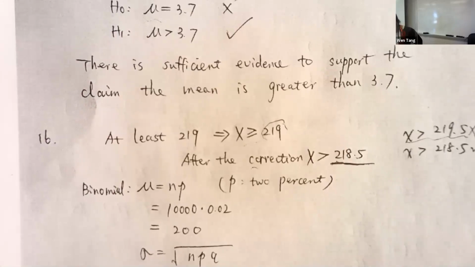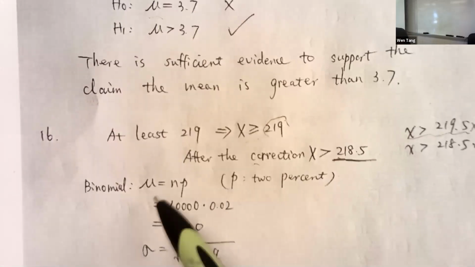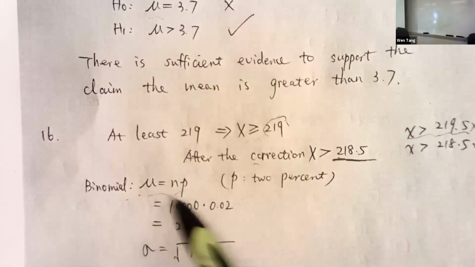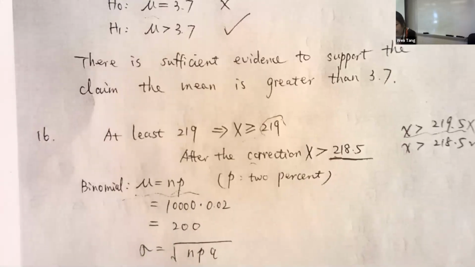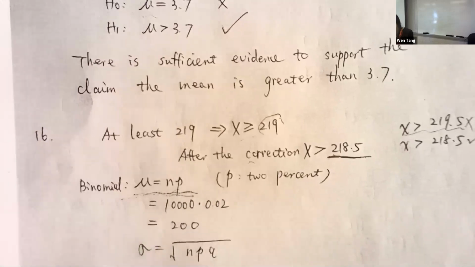Next step, we're going to use the binomial to get the value we need to find the z. We need to check the z, then use that z to check the table to find the area. But we need to have the mu value and the sigma value to get the z, right? So we're going to use the binomial formula to get the mu. This is the formula for binomial distribution.